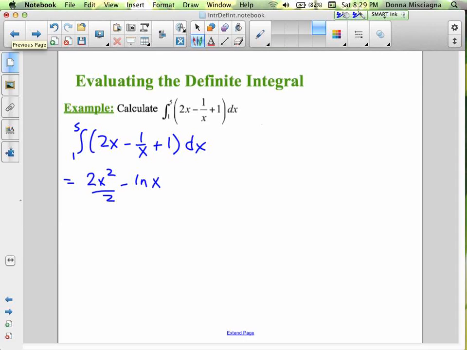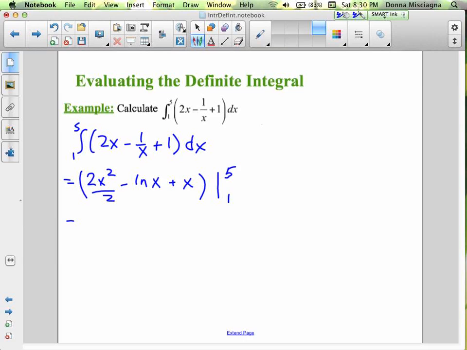If this were an indefinite integral, we would want to put absolute value signs around it because that x has got to be positive. Because it's a definite integral and we're going to plug in numbers for it, it doesn't make any difference. And then plus x, whose derivative is 1. And we're going to evaluate all of that on the interval from 1 to 5.